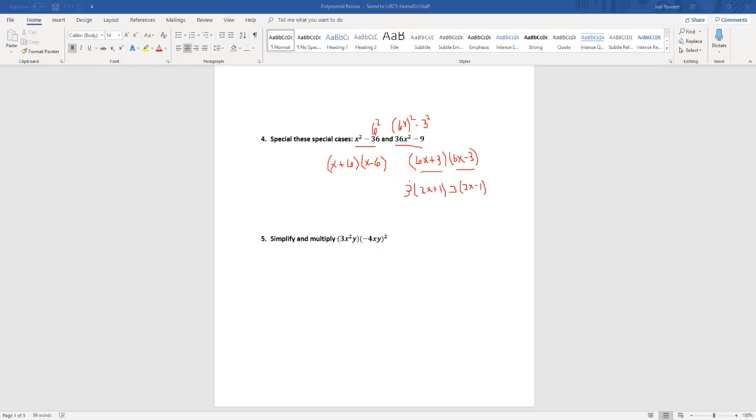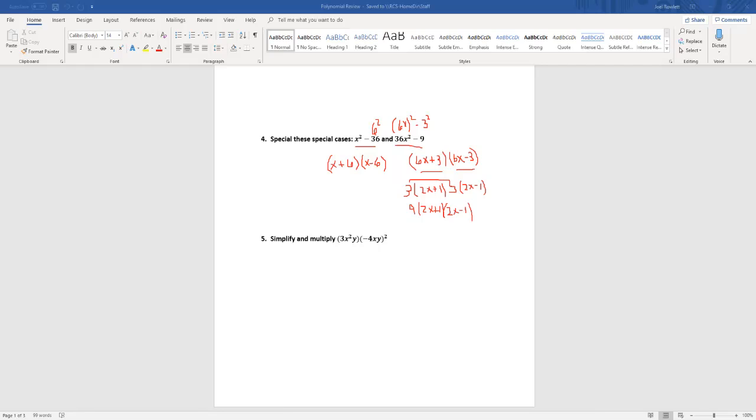And then, of course, I can multiply 3 times 3. So the final answer will be 9, open parentheses, 2x plus 1, times 2x minus 1. Let me try that again. Okay. So make sure you know how to factor differences of squares.